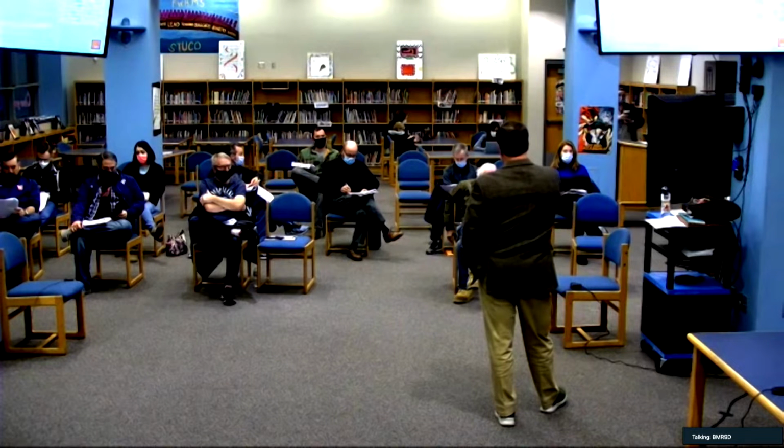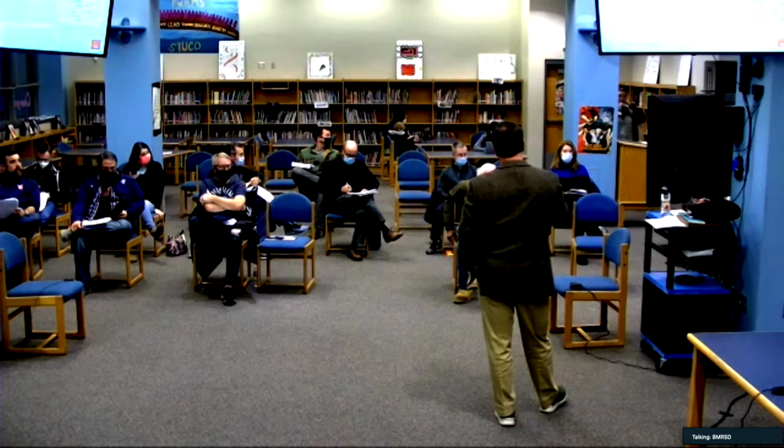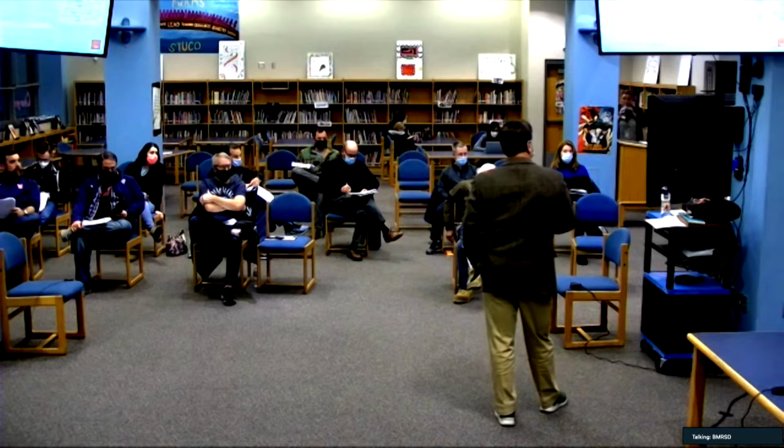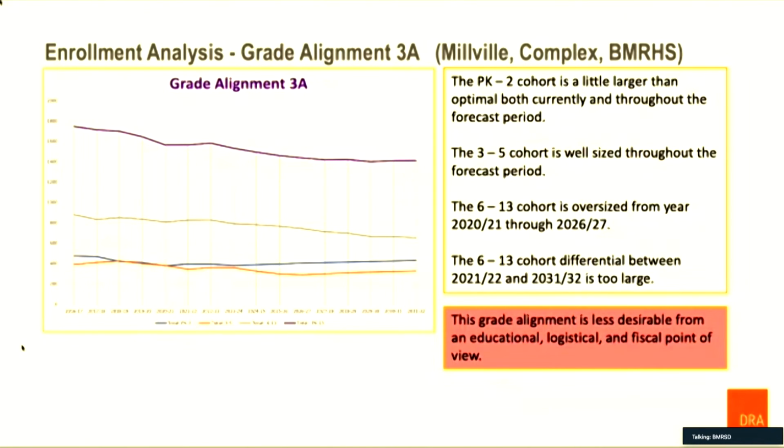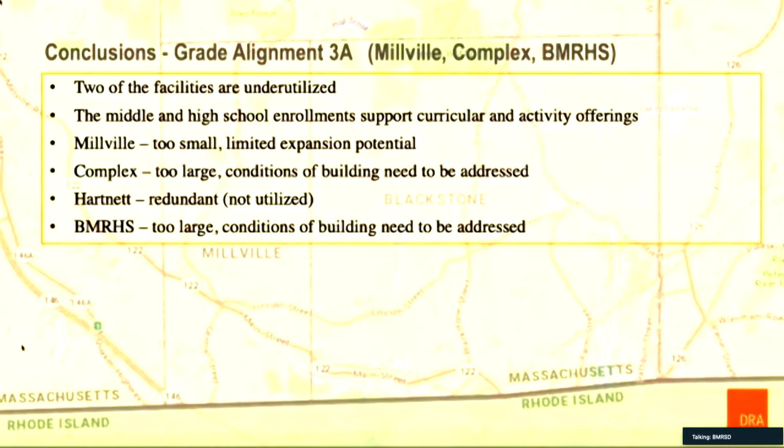But we see, no matter if it's 6th grade or 7th grade as the starting point, quite a tailing off at that grade level between now and 20 years out, and we're trying to avoid or level that out as much as possible. So we're saying here the same things for pre-K through 2 and 3 through 5 as for our current situation. And then the 6 through 13 is a little bit oversized for a couple of years, and then it gets quite a bit of a differential.